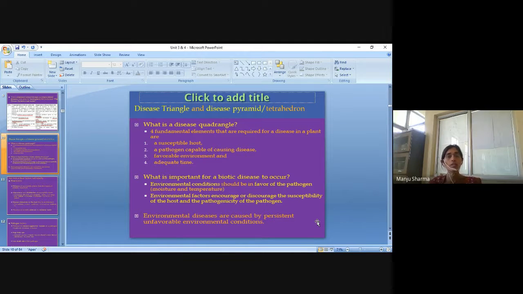First, what is important for a biotic disease to occur: environmental conditions should be in favor of the pathogen, like moisture and temperature. Secondly, environmental factors encourage or discourage the susceptibility of the host and the pathogenicity of the pathogen. Then, environmental diseases are caused by persistent, unfavorable environmental conditions.